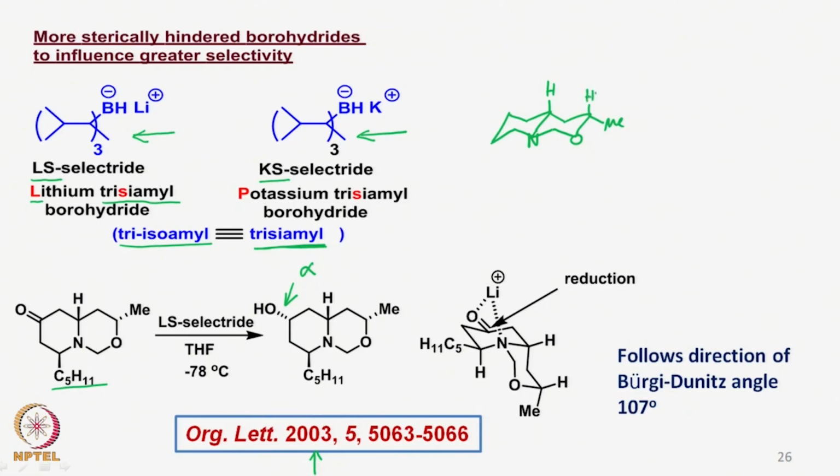And now we put the carbonyl group here and then the substituent C5H11 which is beta oriented, C5H11. Now it is very clear that this particular conformation is not a preferred conformation because the bulky C5H11 is axial.